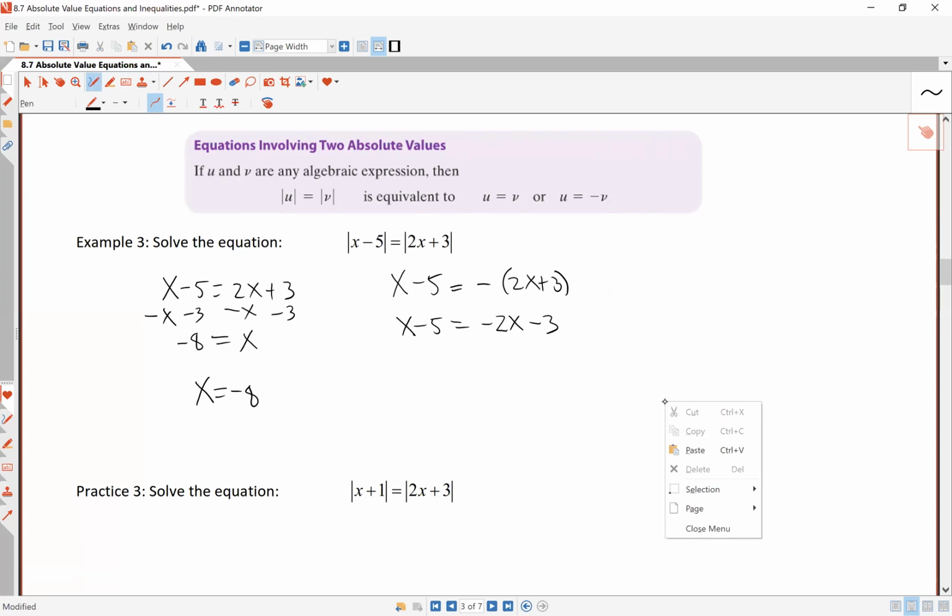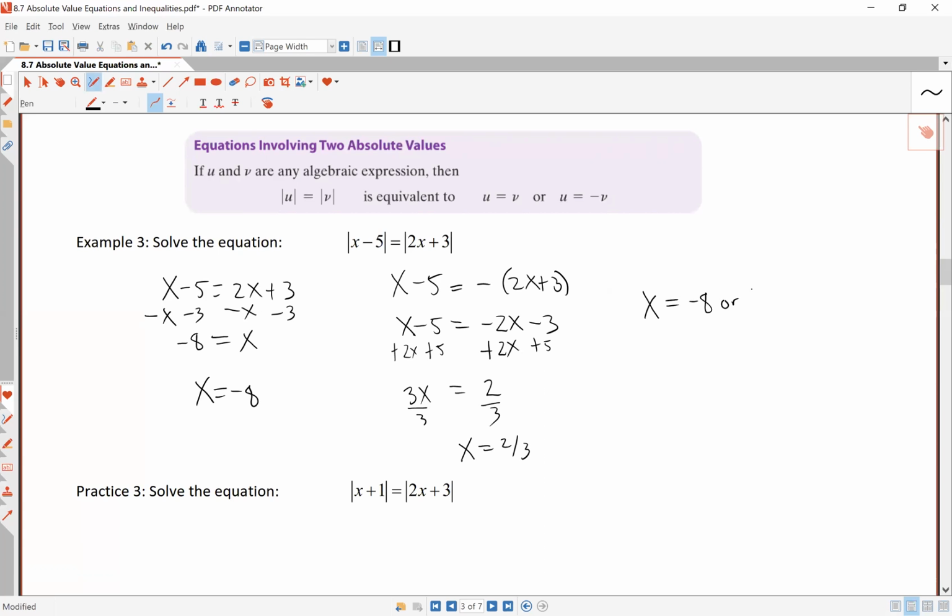For this one, I'll add 2x to both sides and add 5 to both sides. Dividing both sides by 3, we get x is equal to 2/3. So x equals negative 8, or x is equal to 2/3.